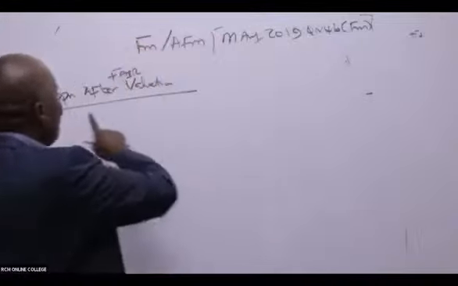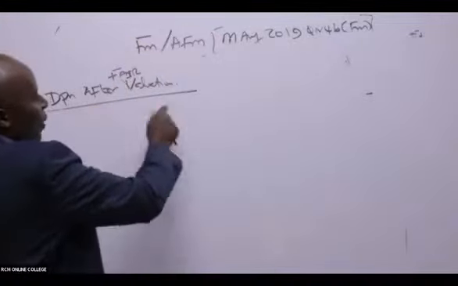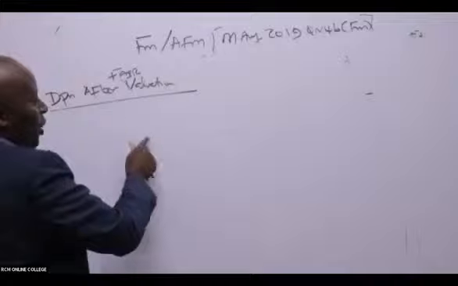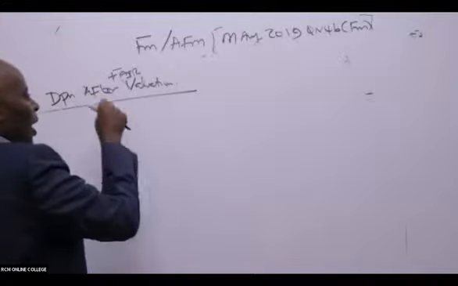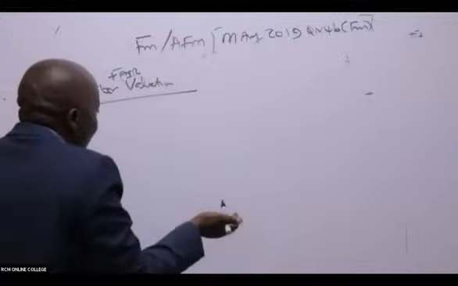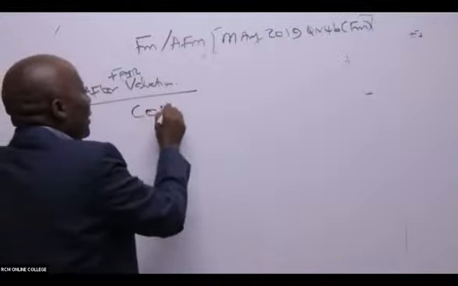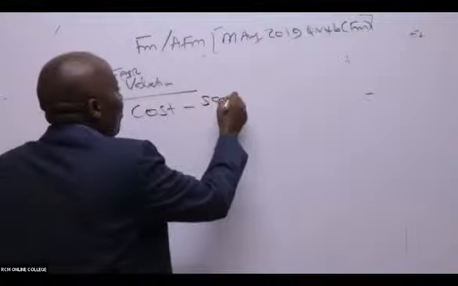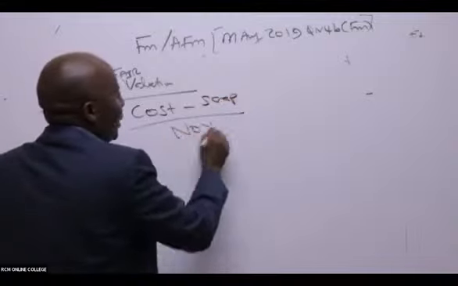So give me the depreciation of the existing machine after fair valuation. How will I do this? It is still straight line. So I'm taking the cost minus the scrap value over the number of years.